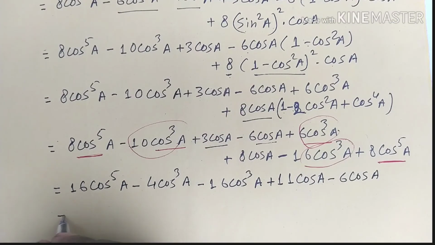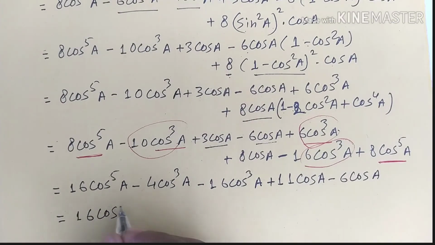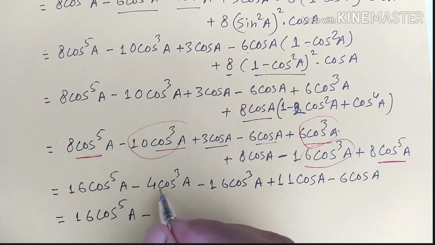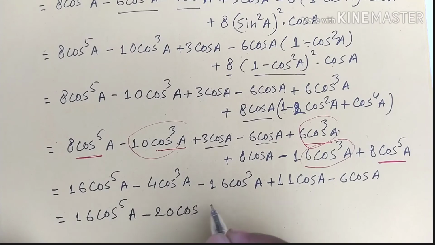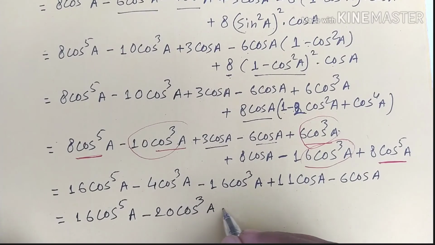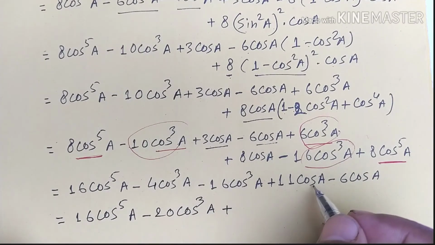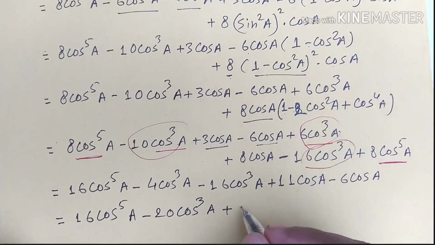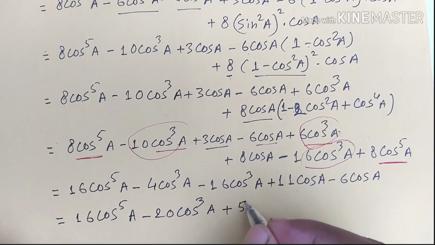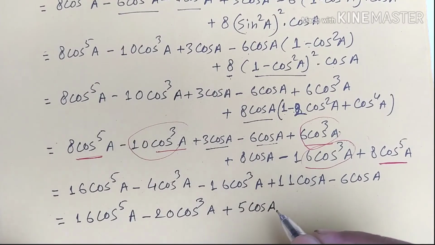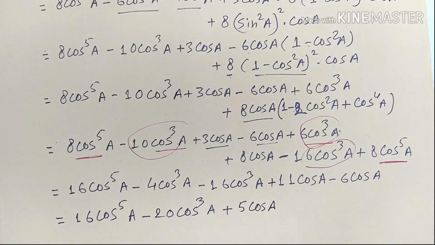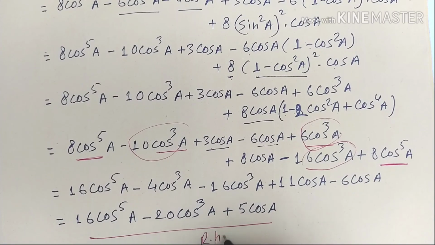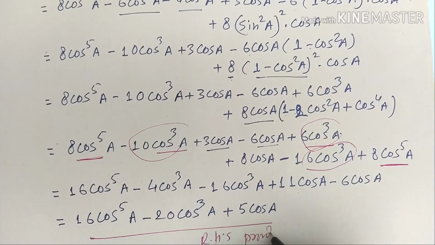Then 16 cos power 5a minus 16 minus 4 will be 20 cos cube a plus 11 cos a minus 6 cos a. If you operate, you will find 11 minus 6 is 5 cos a, which is our required answer. This is our required answer. It is the RHS, proved.